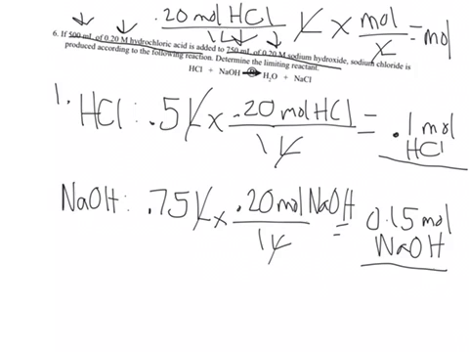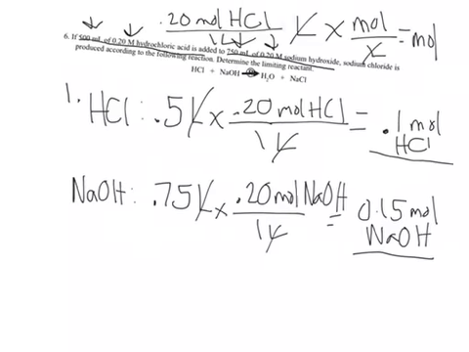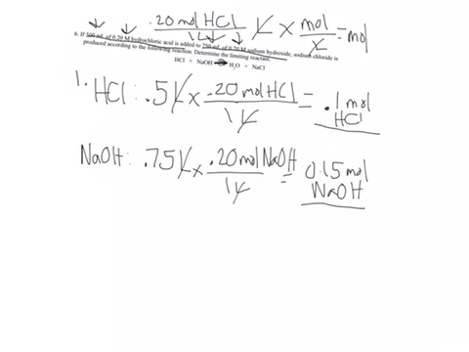So to determine which one is limiting, which one runs out first, we're going to choose one of our reactants and use our mole ratio to determine how much of the second reactant is needed for a complete reaction. So I'm just going to start with my moles of hydrochloric acid.